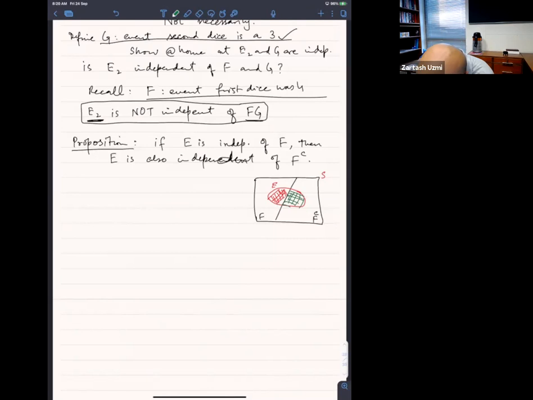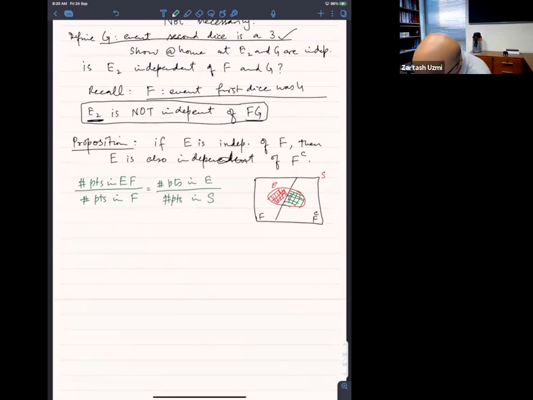So that means the number of points in E also in F divided by number of points in F. Okay. This is equal to number of points in E divided by number of points in S. Okay. Number of points in S.